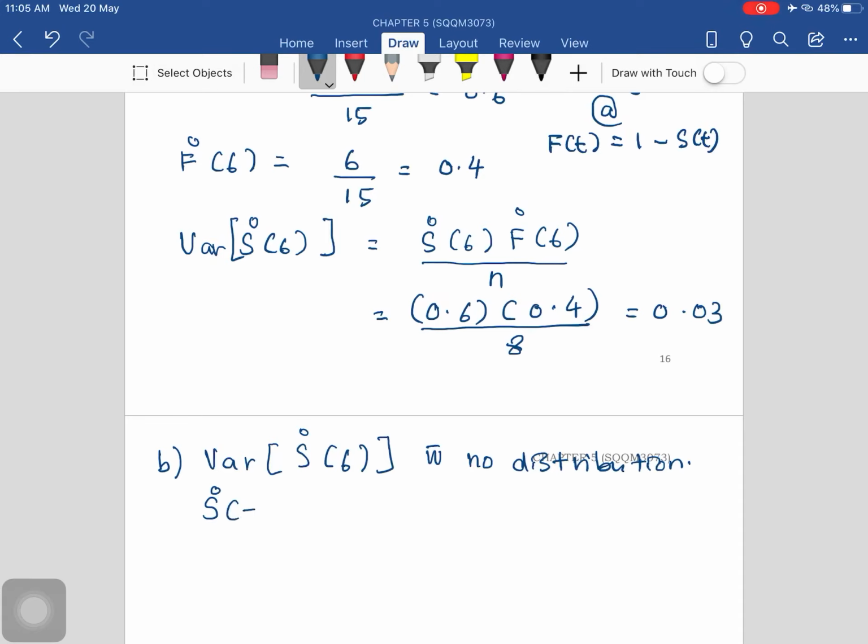S_hat(t) is equal to n_t over n, the number of survivors at time t over the sample size.